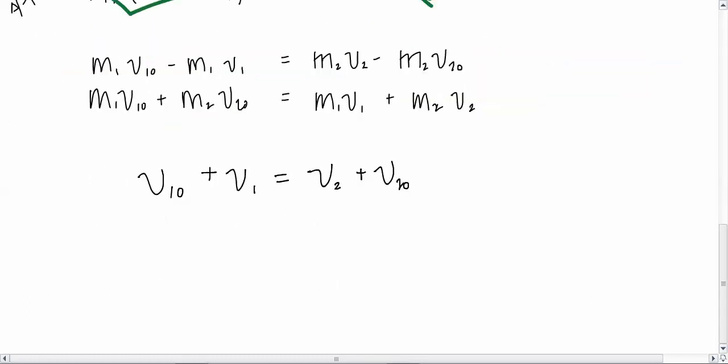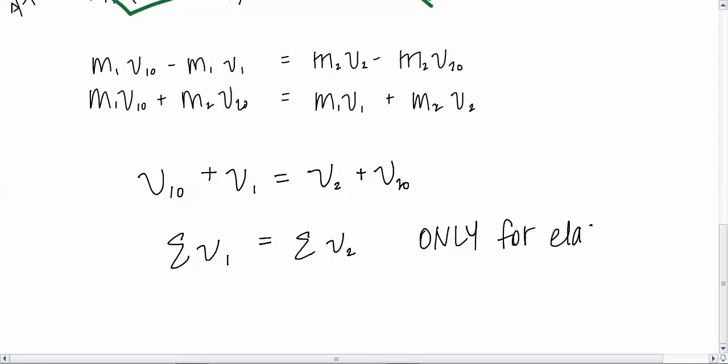And if we think about adding and what that means, the sum of the velocities of the first object should equal the sum of the velocities of the second object. And this is only for elastic collisions. This is just a little shortcut, quick equation to use for elastic collisions.